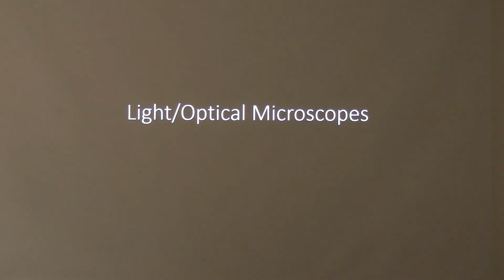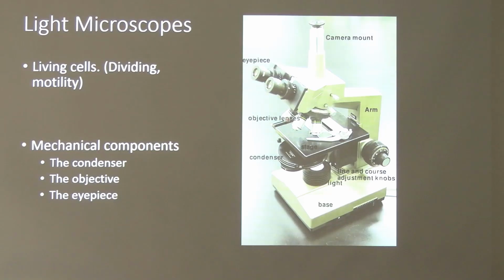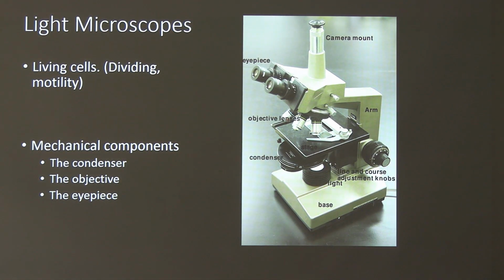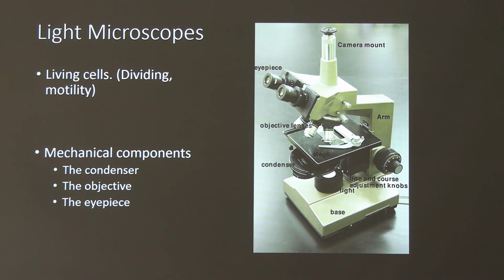So in the next slides, I will introduce you a little bit to the light optical microscopes. Light means optical, optical also means light, so you can use both. A light microscope can be used to observe a living cell.